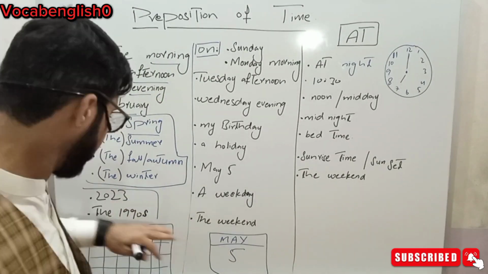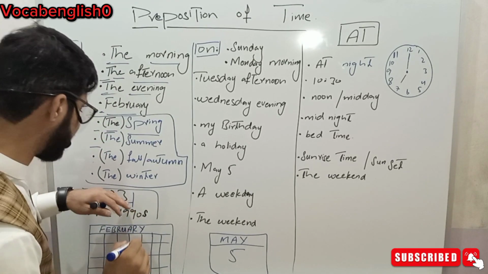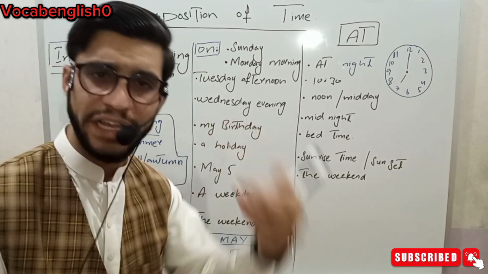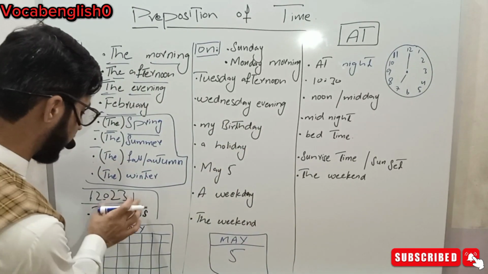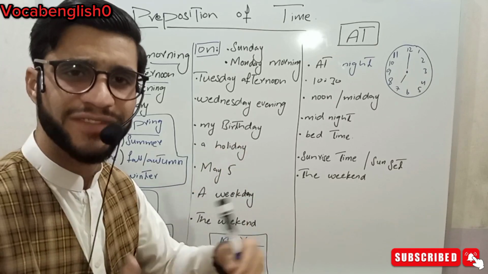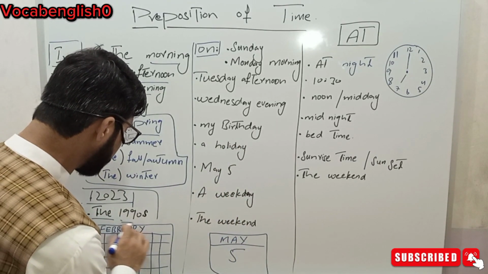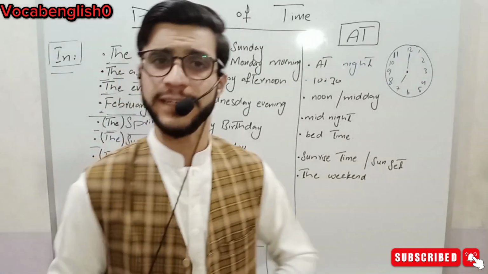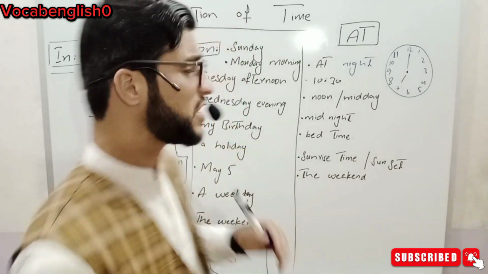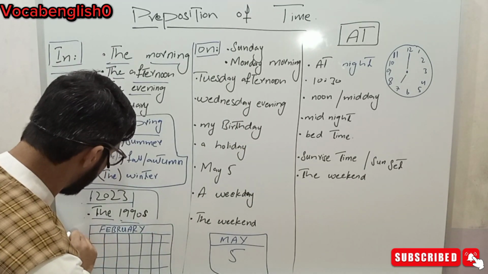Here we will talk about years: in 2023, or in the 1990s. So this was our in. It is the table of in.